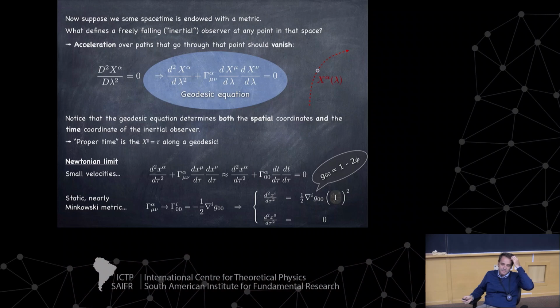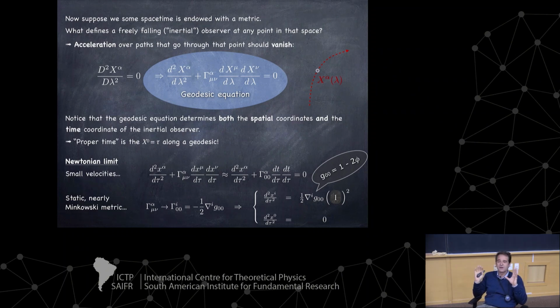Because this is an important piece here, and I'm not going to come back to this later. If you look at the Newtonian limit, that means the small velocities limit, weak field, where the metric is very nearly Minkowski, then what you find is that the equation for the spatial acceleration is related to the component G00.